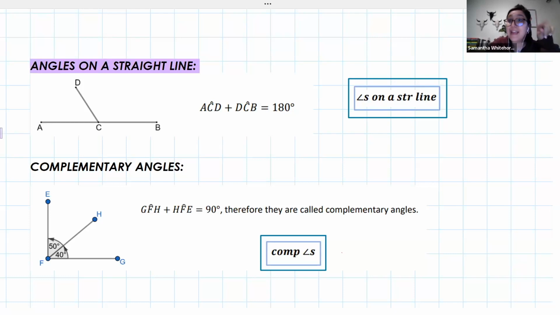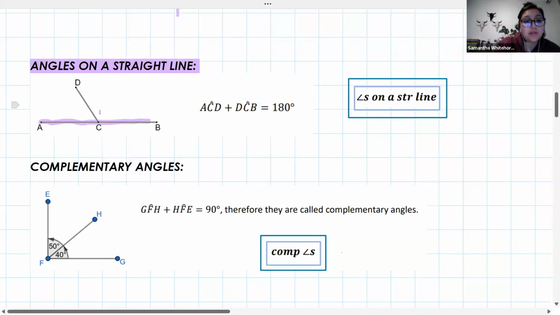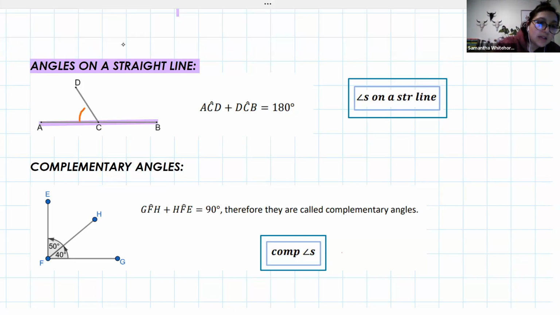Anyways, angles on a straight line. Now, guys, the heading is sort of explanatory to what we're going to do. If we look at our diagram over here, what we see is that we've got multiple straight lines, but very importantly, we've got this bottom straight line on which 2 adjacent angles sit. So I've got the angle ACD that I'm going to mark in orange there.